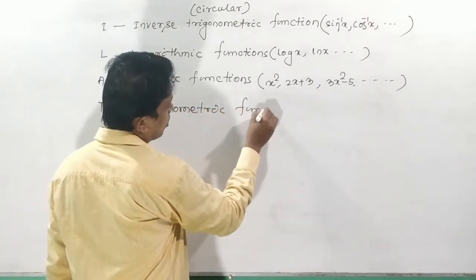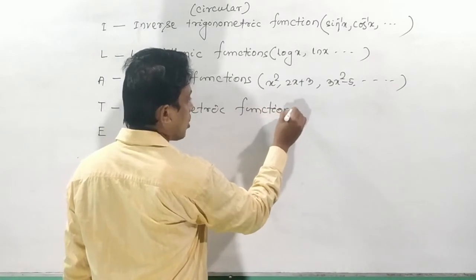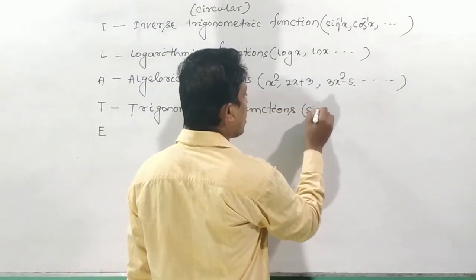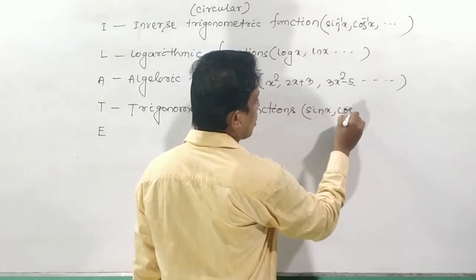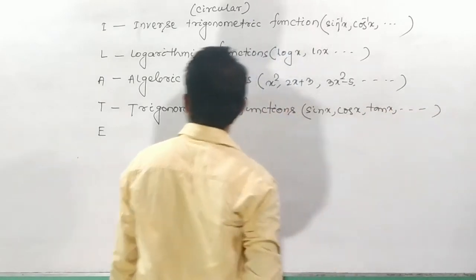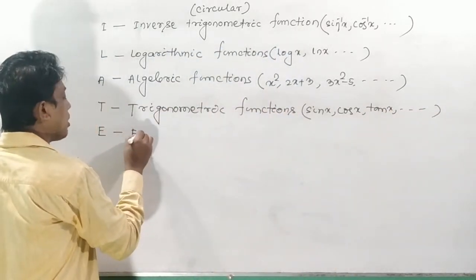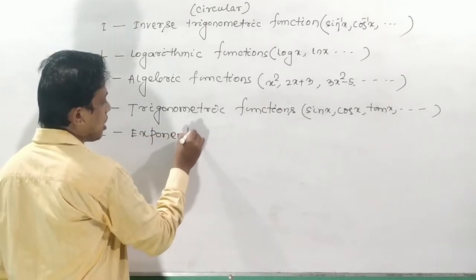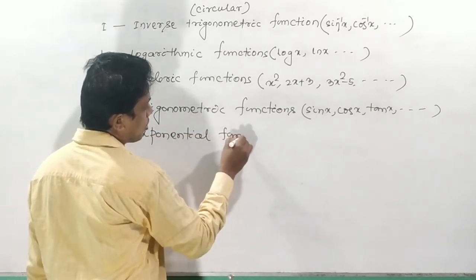You can easily say that this is your sin x, cos x, tan x, and so on. Then E is your exponential function.